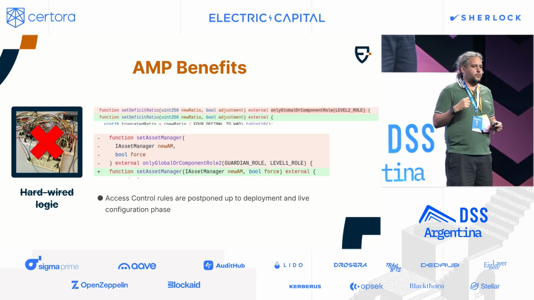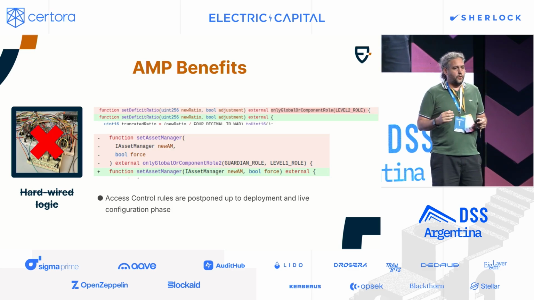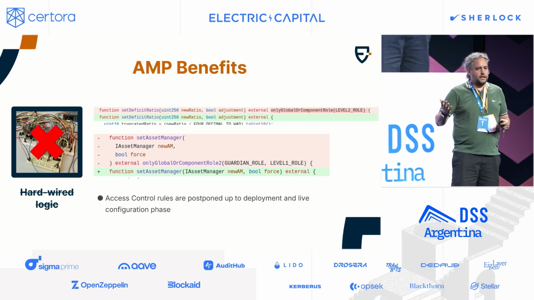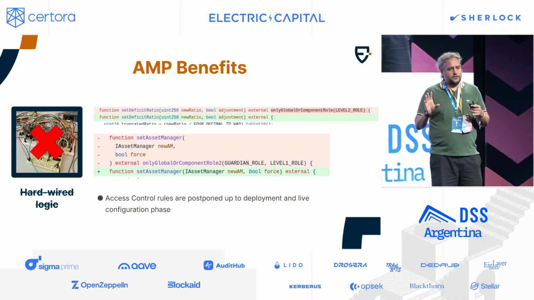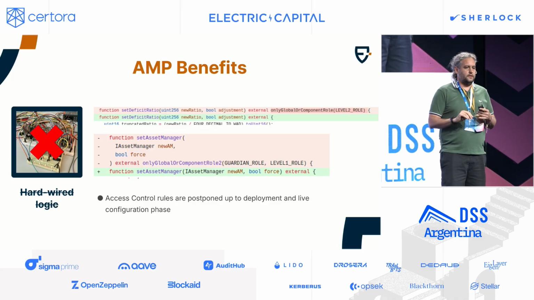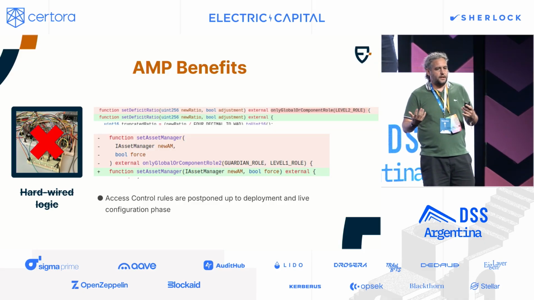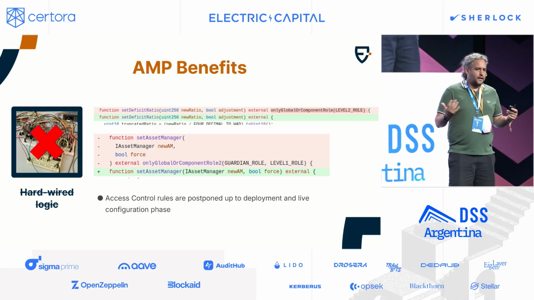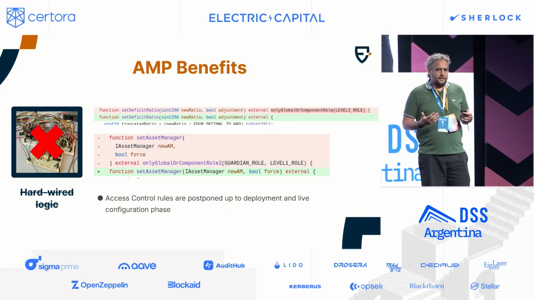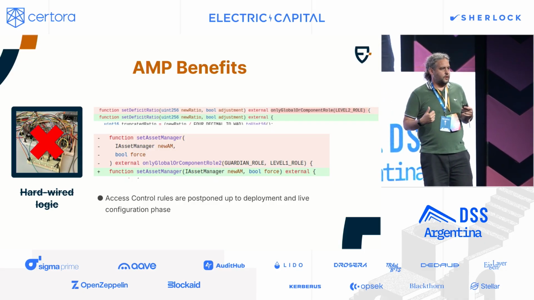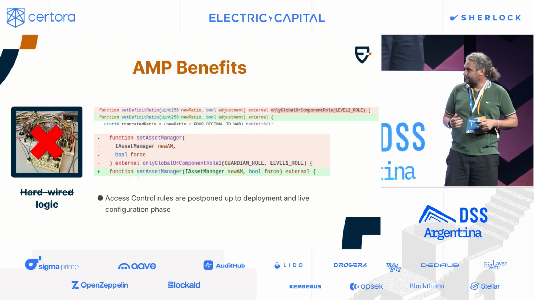For example, you can do a closed beta where you deploy your contracts. Initially, all your methods are restricted to specific users that have a given role, and then you can make those methods public and you open your protocol to anyone. Stuff like that is very simple to implement with this, and you have all that flexibility.